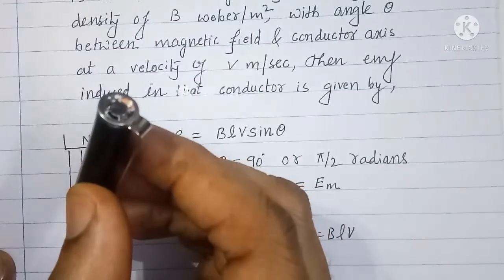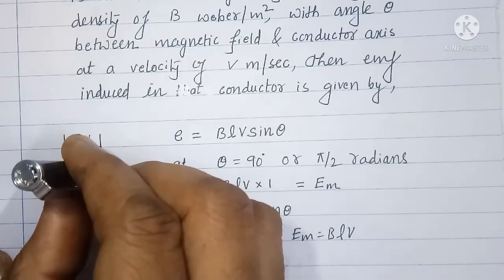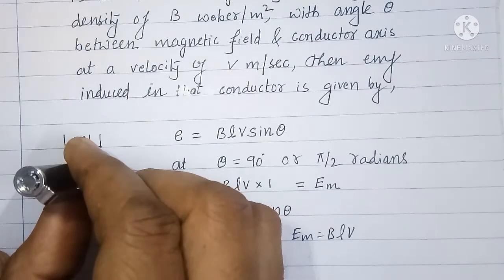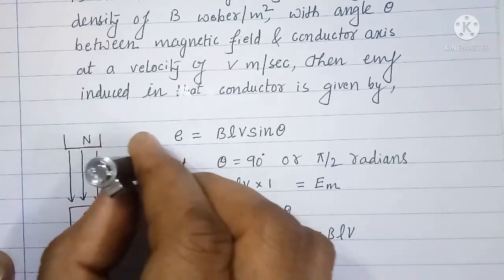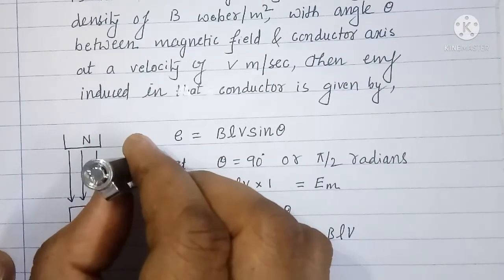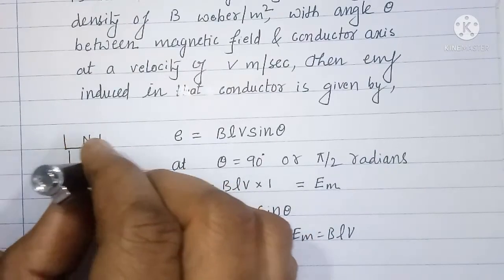If you assume this pen cap as a conductor and place it in magnetic field this way and move it inward and outward like this, then EMF will be induced in this conductor, because the flux linking with it is changing continuously.